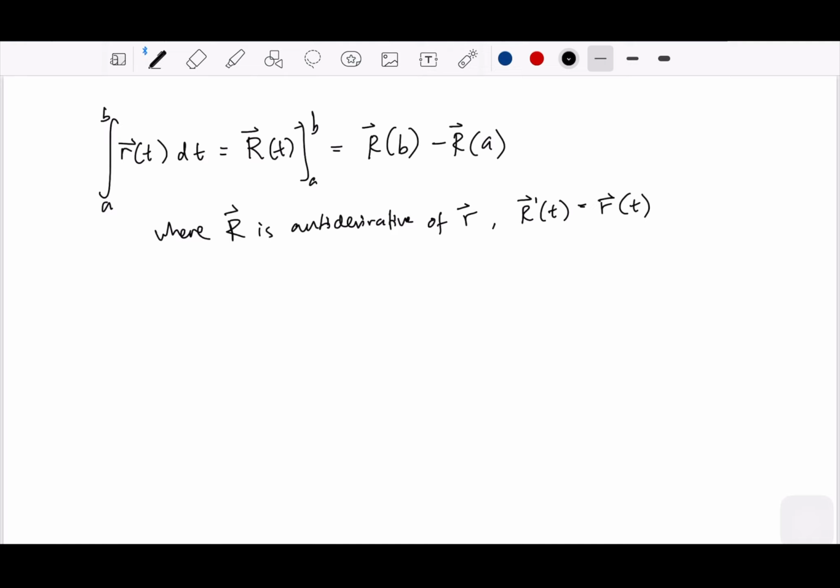And then we can also just write the integral of r(t) dt for the indefinite integral.